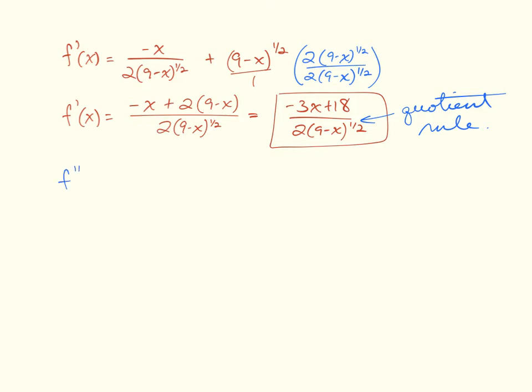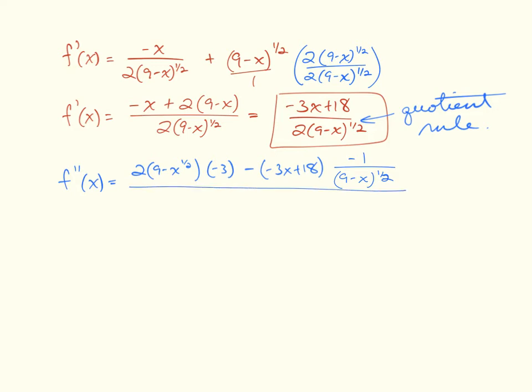So the second derivative is the denominator, 2 times 9 minus x to the 1/2 power, times the derivative of the numerator, which will just be -3, minus the numerator, -3x plus 18, times the derivative of the denominator, which will include a chain rule, which ends up being -1 over 9 minus x to the 1/2 power.